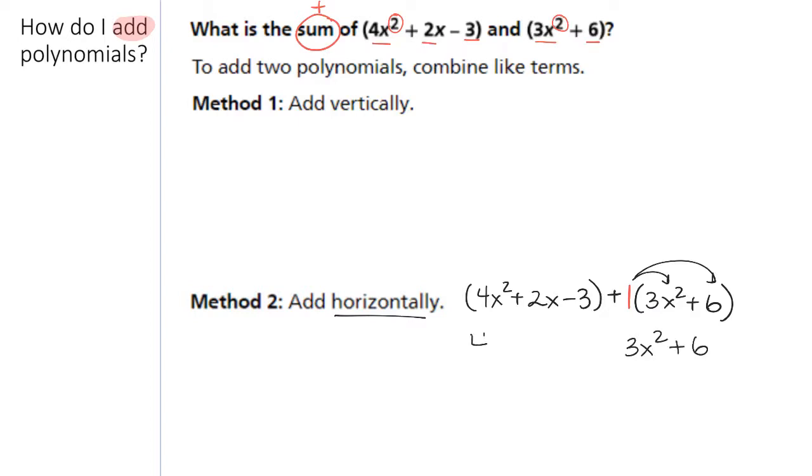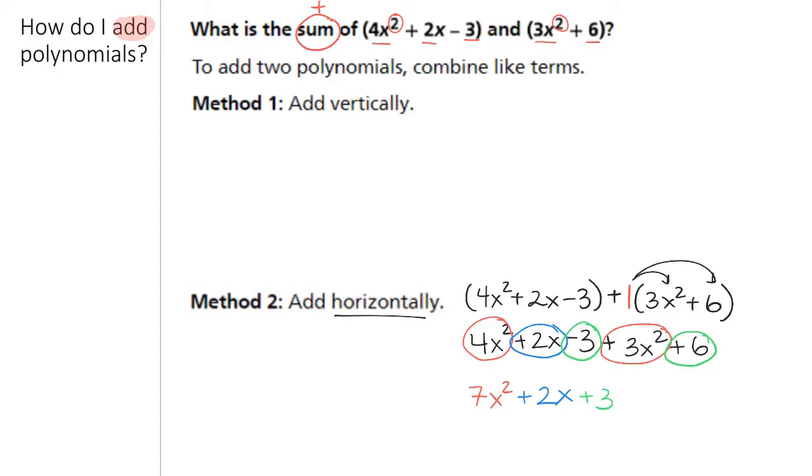So in all reality, you don't even need these parentheses in this problem because they don't really change the terms. So then from here, I'm just adding like terms. I have a 4x squared and a positive 3x squared, so that gives me 7x squared. I have 2x, and no other x's, so I just have plus 2x. And then I have my constants, negative 3 and positive 6, which add to positive 3. So that's what I would get if I added those together.